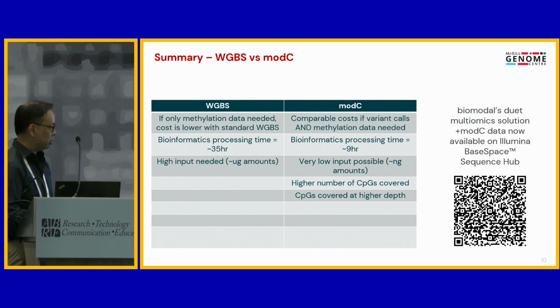You can go down to very low input amounts, and it also covers a higher number of CpGs, and these CpGs are covered at higher depth. I'd like to point out that Biomodal also did a separate collaboration with Illumina with the MOD-C workflow, and this data is available on the Illumina BaseSpace Sequence Hub.